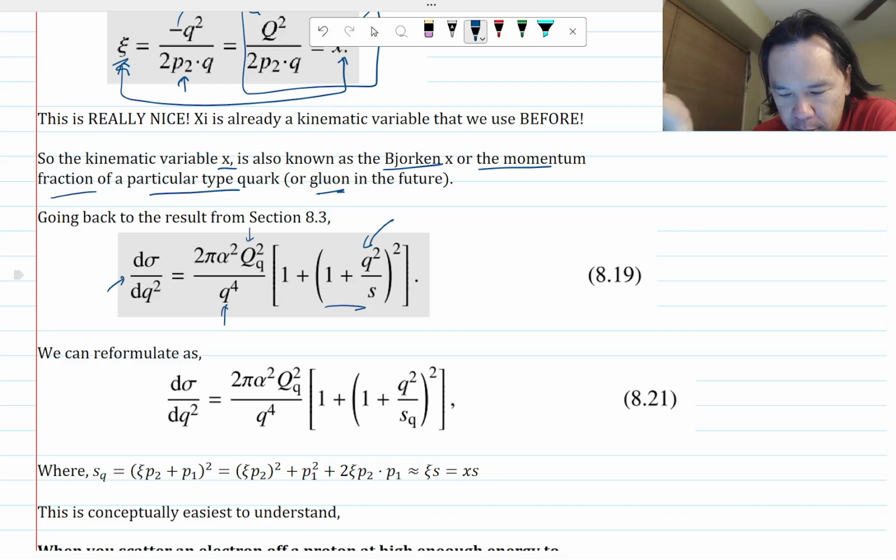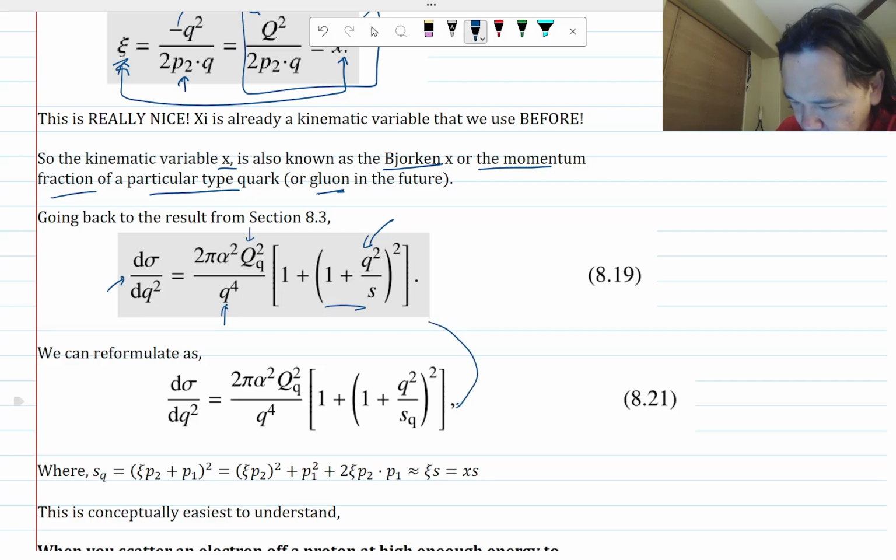Instead of scattering off an entire quark, we can reformulate this so that we're scattering off a fraction of the momentum from a quark inside a proton. I'm going to skip a lot of the algebra steps that the book shows you. What happened is that basically this s here changed into sq.